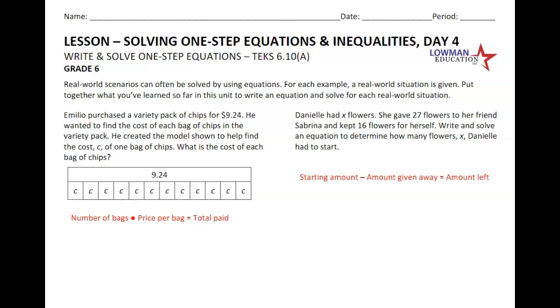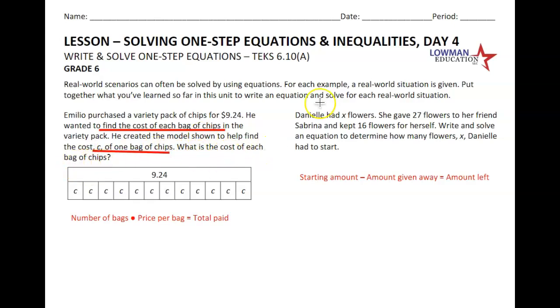for your real-world situation. So, Emilio purchased a variety of chips for $9.24. He wanted to find the cost of each bag of chips in the variety pack. He created a model shown to help find the cost of one bag of chips.